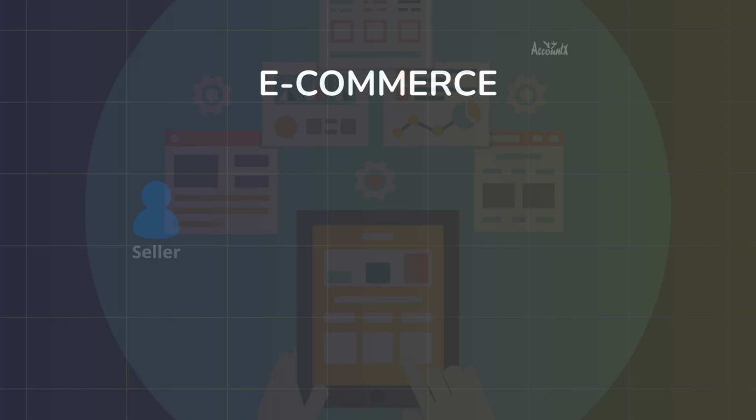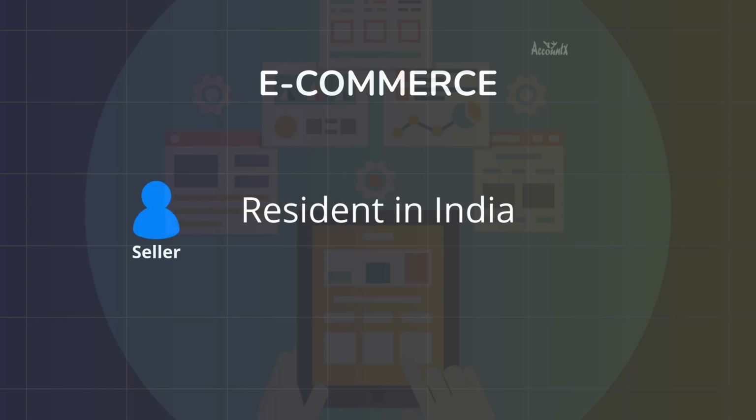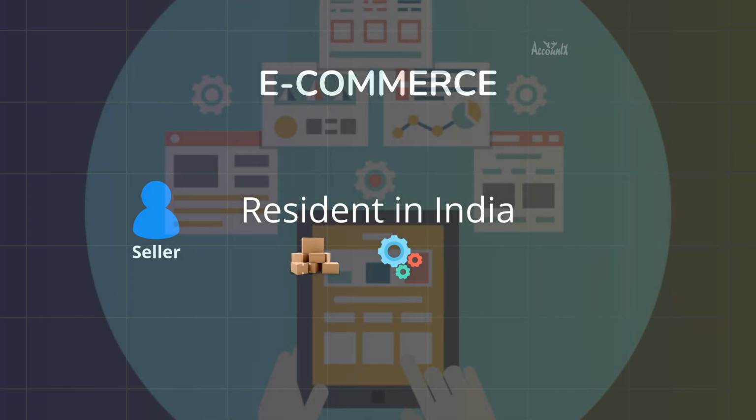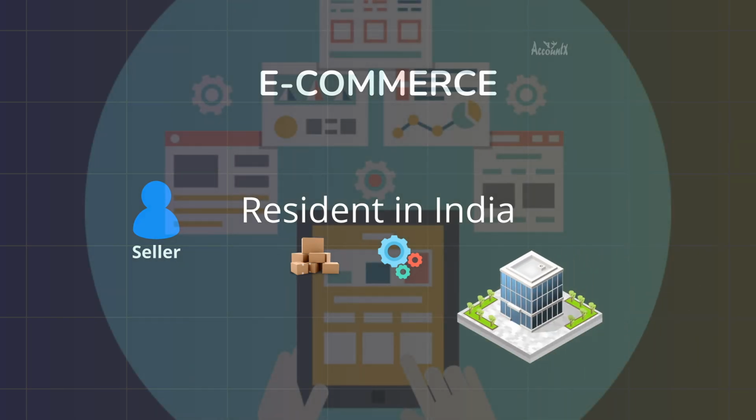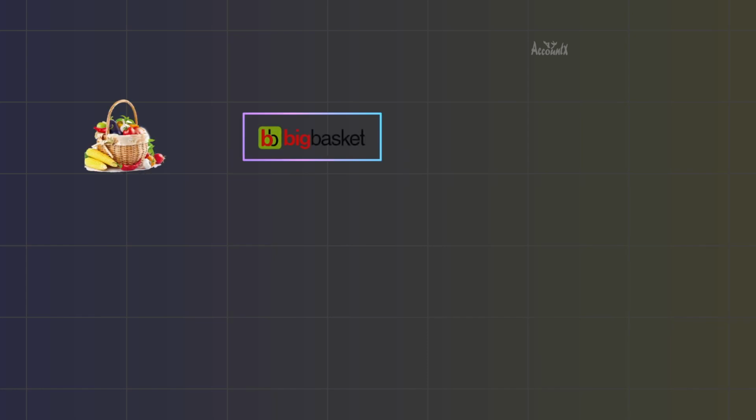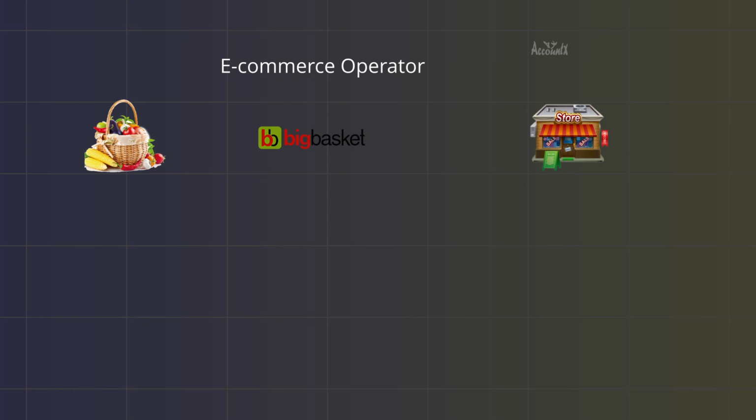An e-commerce seller or e-commerce participant is the person resident in India supplying goods or services through this digital platform. This can be any business in India supplying goods or services to consumers, say through Amazon. So this does not include non-resident sellers. For instance, if you buy vegetables from BigBasket, BigBasket is the e-commerce operator and the shop seller, that is the person selling vegetables, is the e-commerce seller.